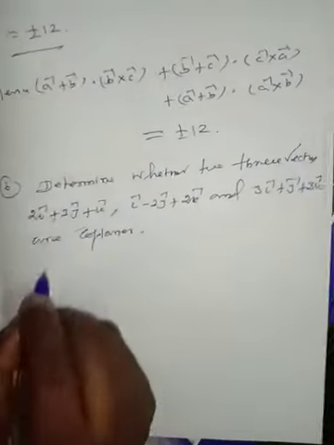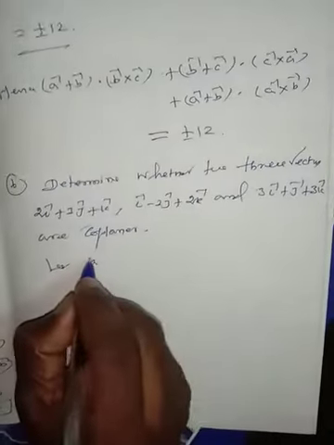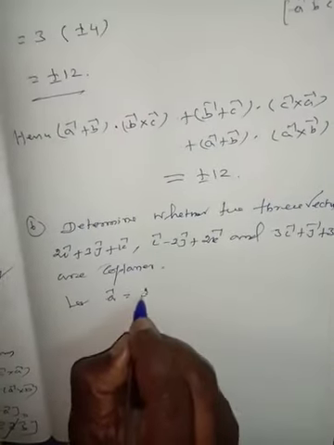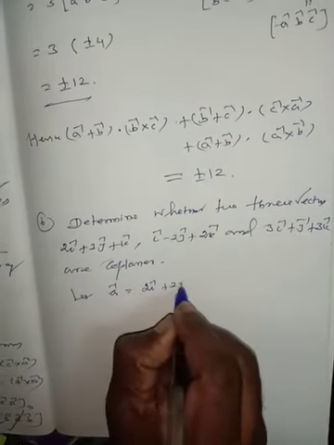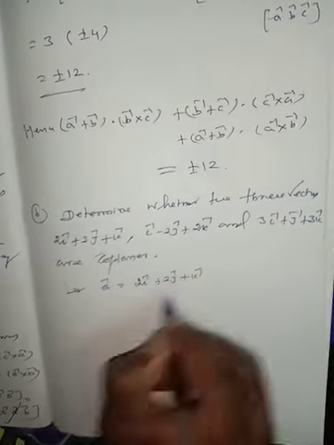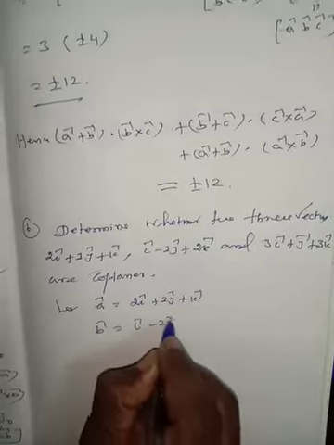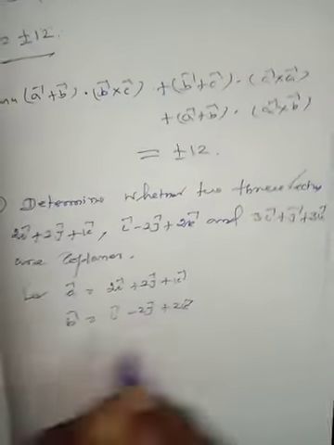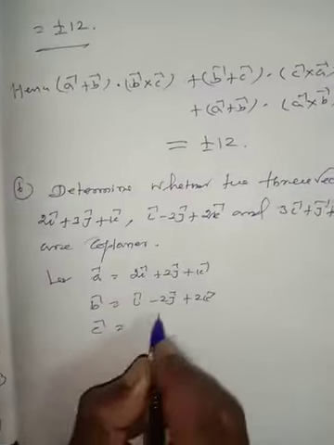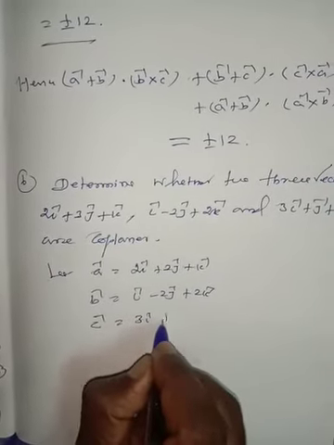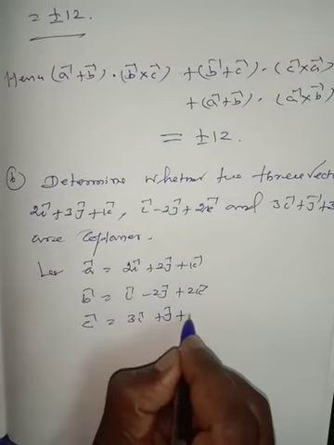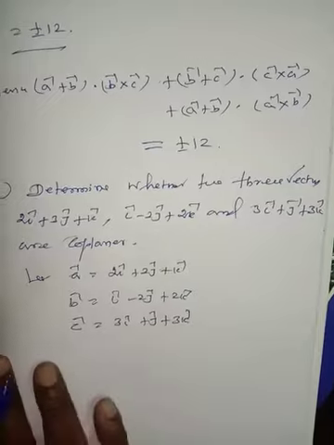Coplanar. Let first vector is equal to A vector. A vector is 2i vector plus 2j vector plus k vector. B vector is i vector minus 2j vector plus 2k vector. C vector is 3i vector plus j vector plus 3k vector.